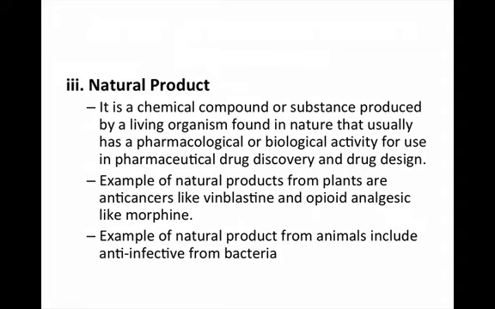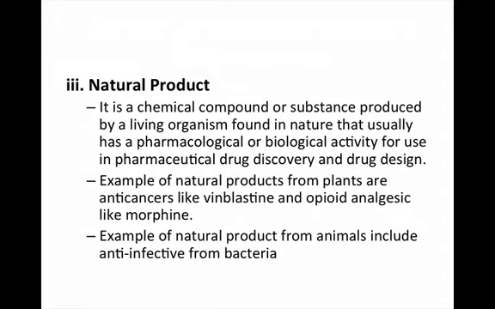Natural product is the chemical compound or substance produced by living organisms found in nature that usually has pharmacological or biological activity for use in pharmaceutical drug discovery and drug design. Ambazo hizi natural product zinaweza kupatikana from animals or from plants.